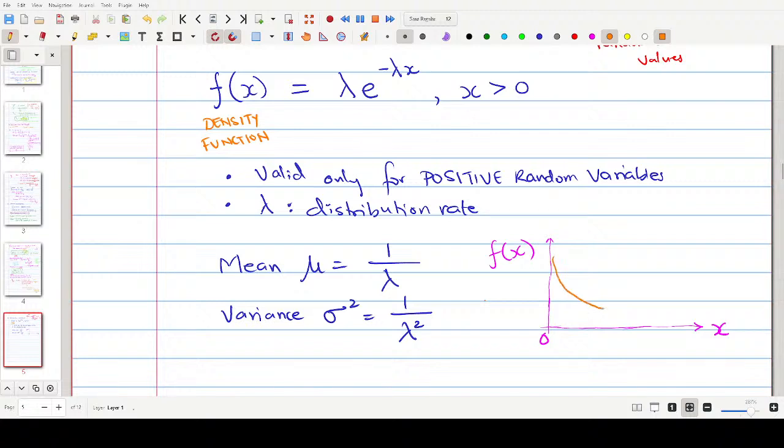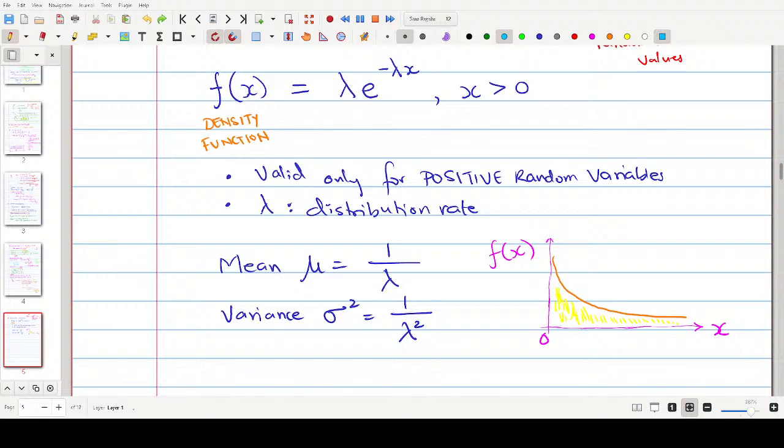As the value of x increases, the graph will come closer to the x-axis. And if you look at this area below the graph and above the x-axis, this area will be equal to 1. We have seen in previous classes as well that the sum of the probability is always equal to 1.